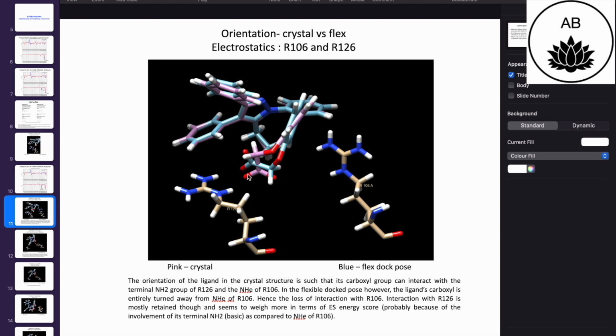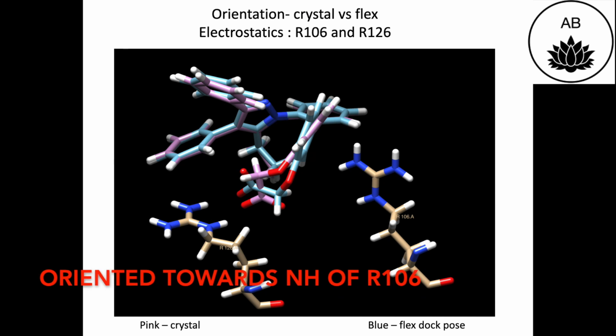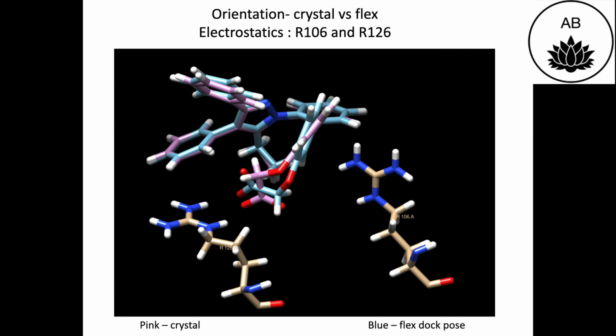So this carboxyl can interact with the NH2 group of R126 as well as this NHE of R126. Another oxygen atom of the carboxyl group of the crystal ligand is oriented towards NHE of R106 to make favorable electrostatic interactions.